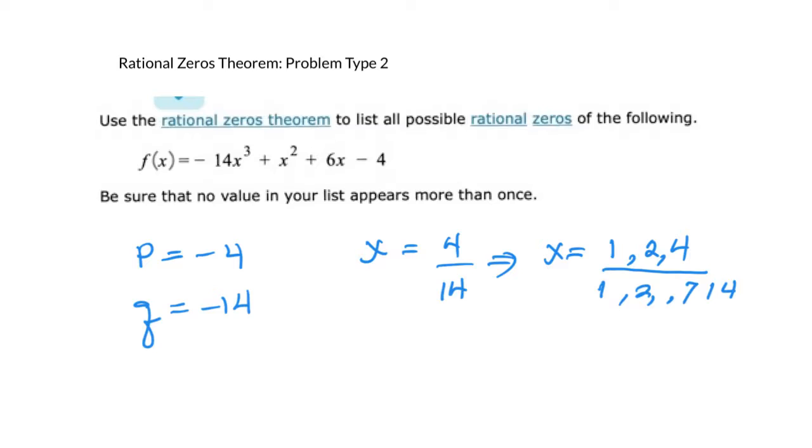The rational zeros theorem says that our possible zeros are going to be of the form where we take all the possible combinations of the factors in the numerator over the factors in the denominator.